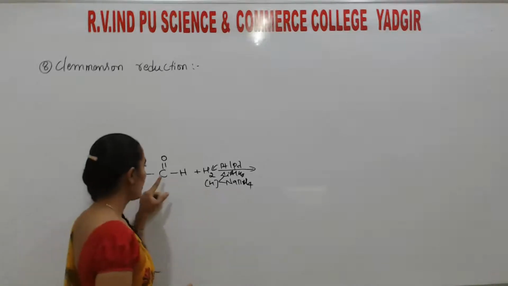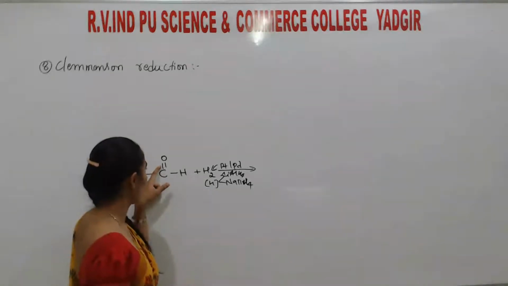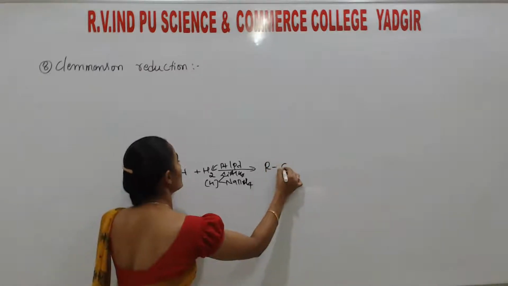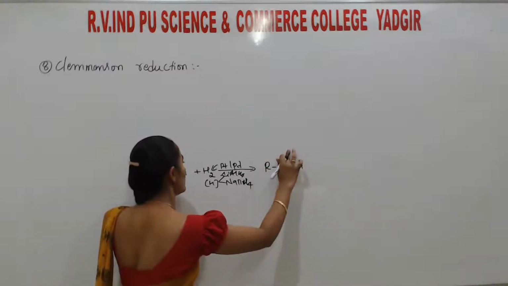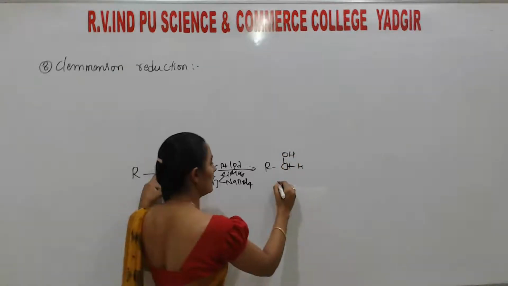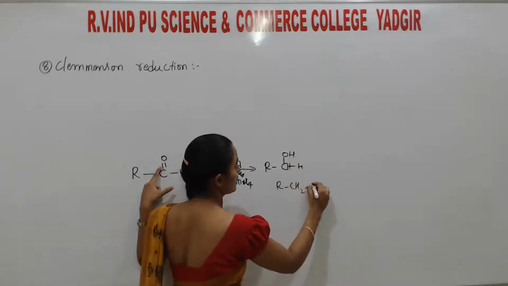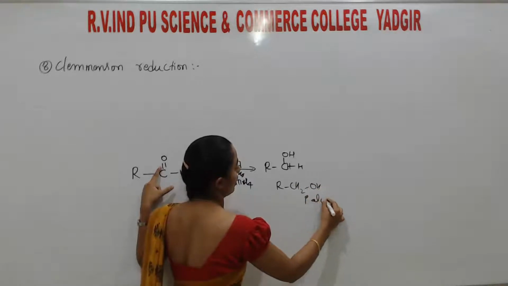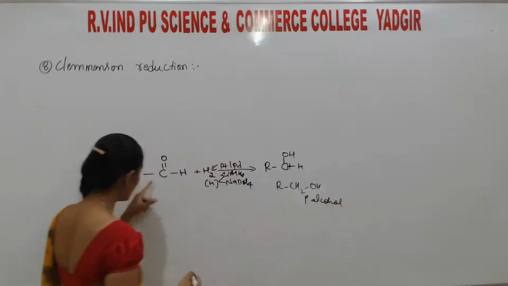If lithium or sodium, we should take hydrogen as nascent hydrogen, in the form of square brackets. Next, hydrogen is added at the double bond. So R, C, H with the double bond: one H is added here, another H is added here. We write that as RCH2OH, primary alcohol. This is aldehyde.